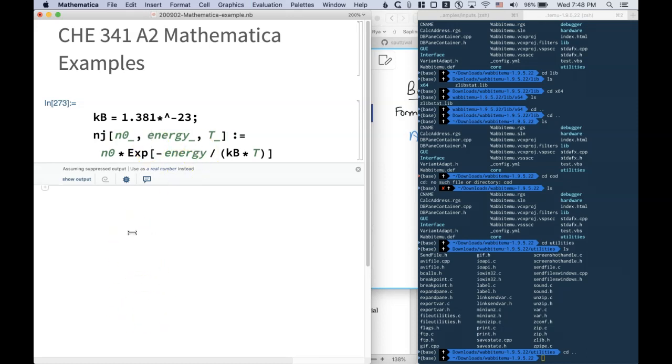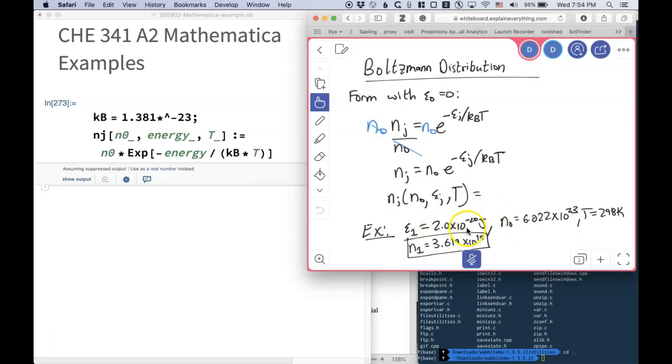I should always check. If I take one of the examples from class, I'll just check that this actually gives the correct answer. I pulled this example from the book. For these values of the input variables, we get n1 equals 3.619 times 10 to the minus 19.